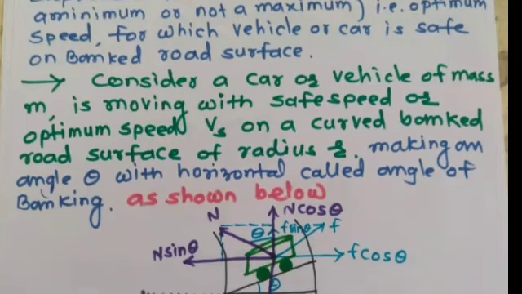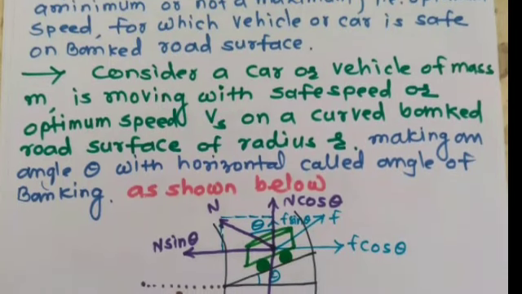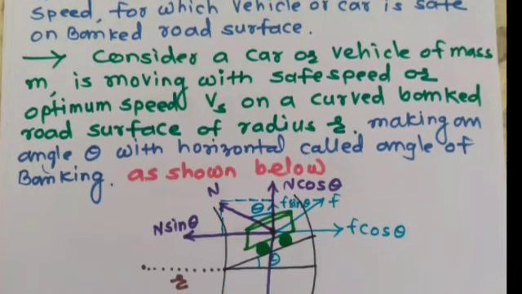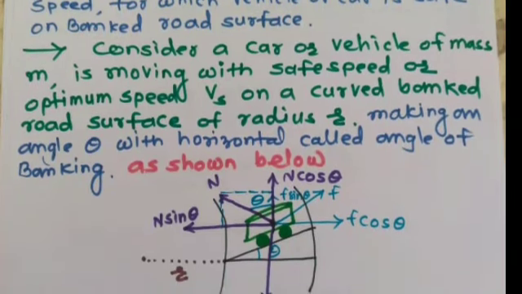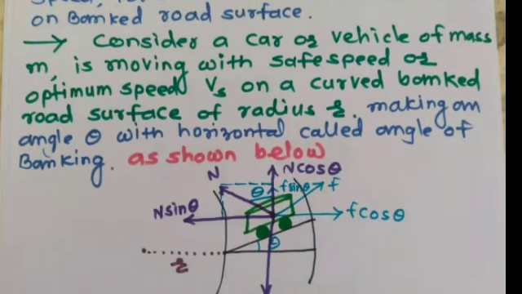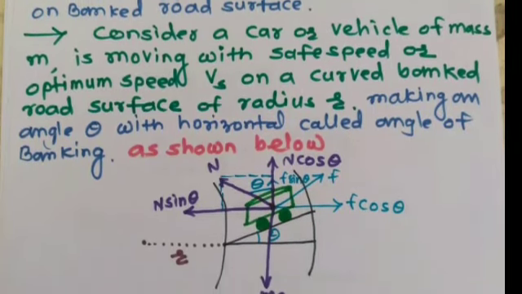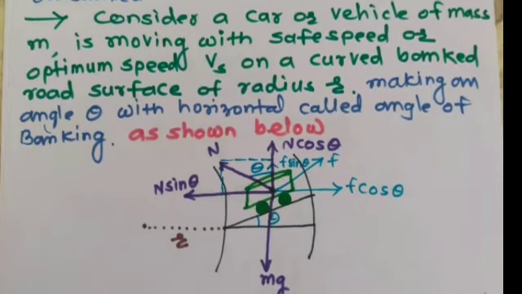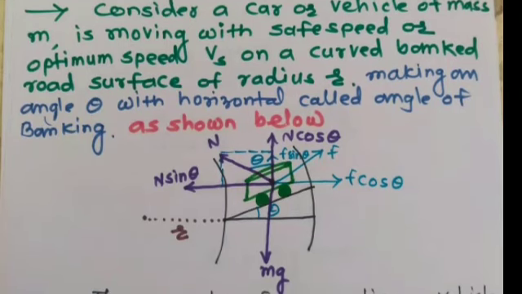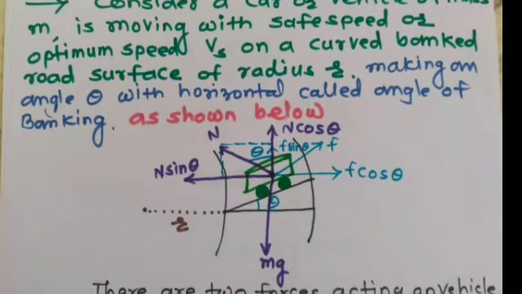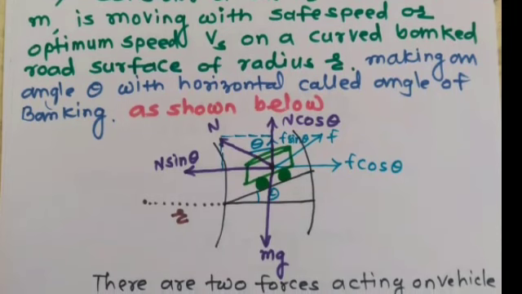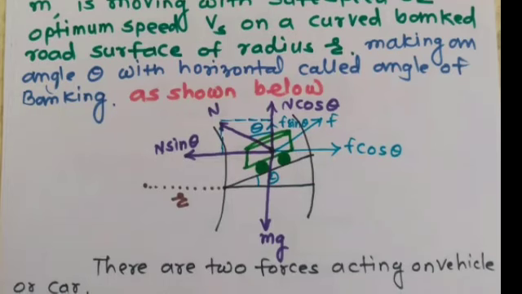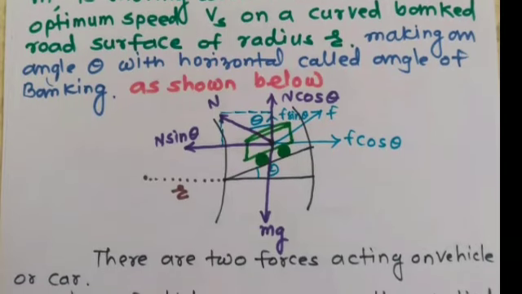Consider a car or vehicle of mass m moving with safe speed or optimum speed Vs on a curved banked road surface of radius r, making angle theta with horizontal, called angle of banking, as shown in figure.